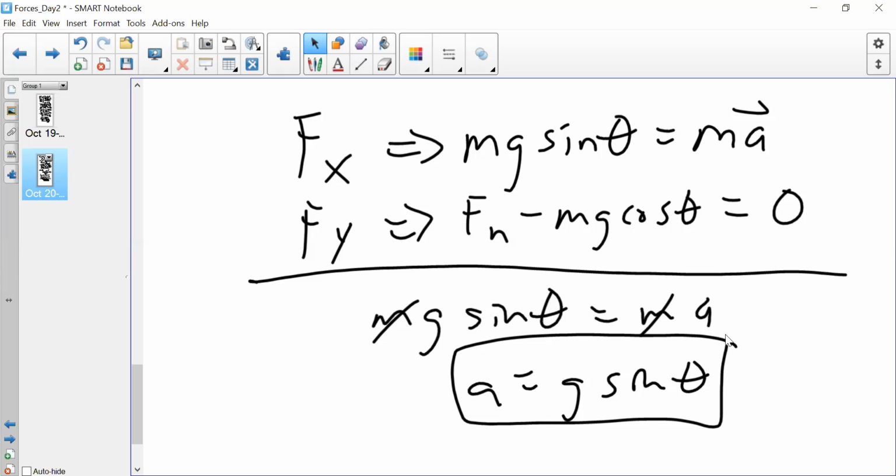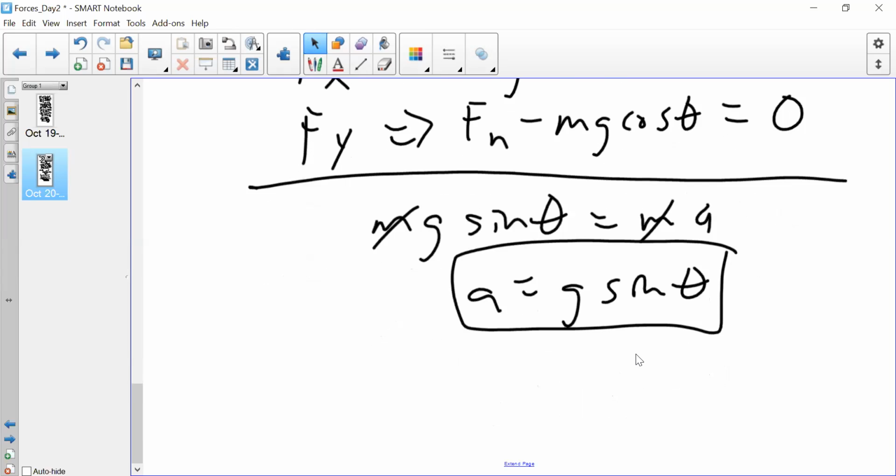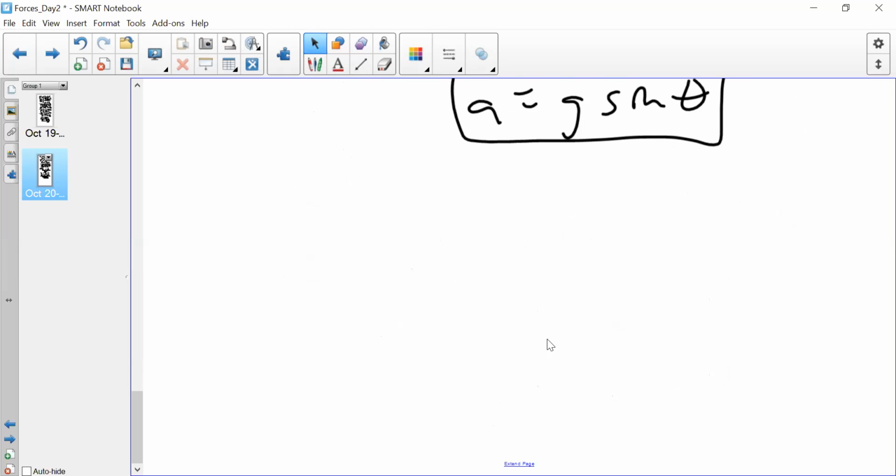Okay, so that should be straightforward. Now I have a hankering to put friction in right now, but I will wait. Let's go to another example I have here.